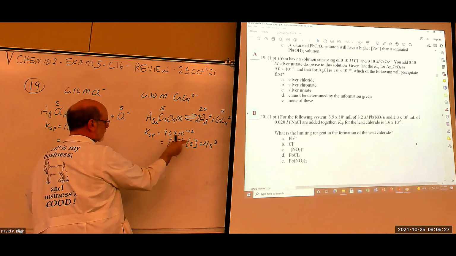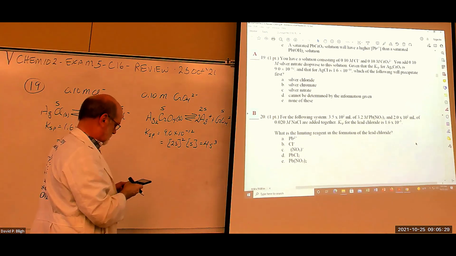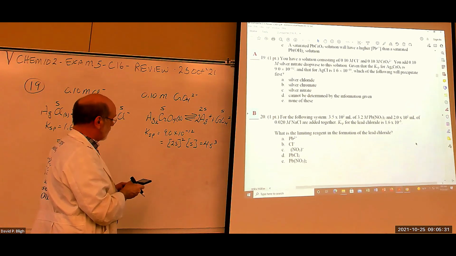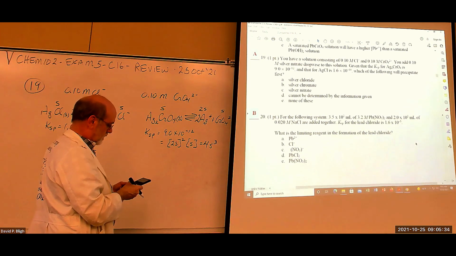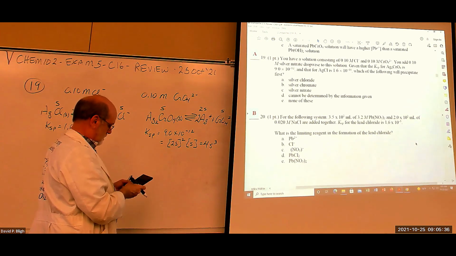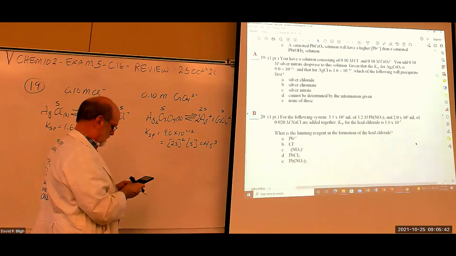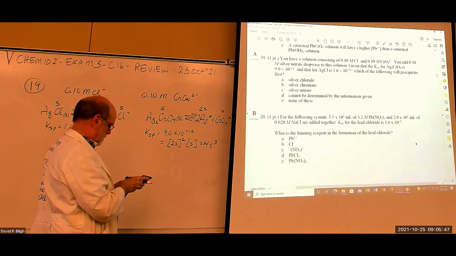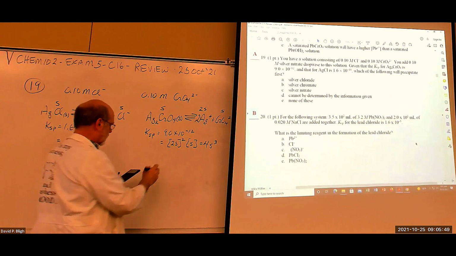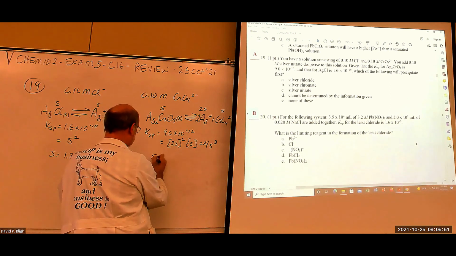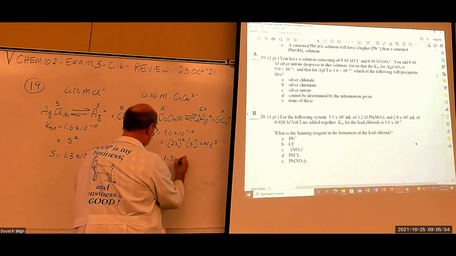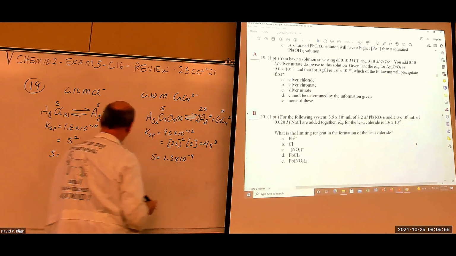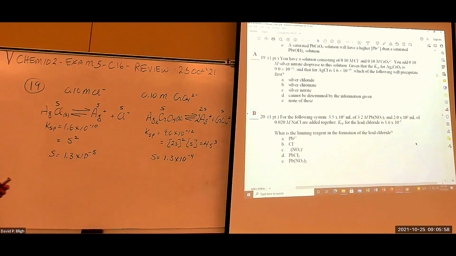So we divide 9 times 10 to the minus 12 by 4 and take the cube root of it. So I get solubility is equal to 1.3 times 10 to the minus 4. Okay?